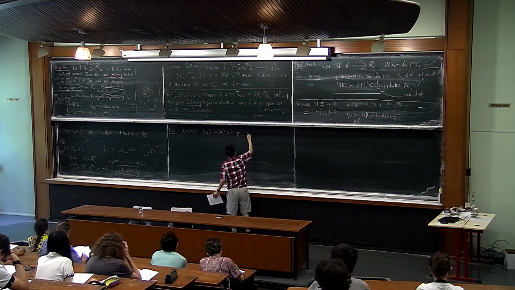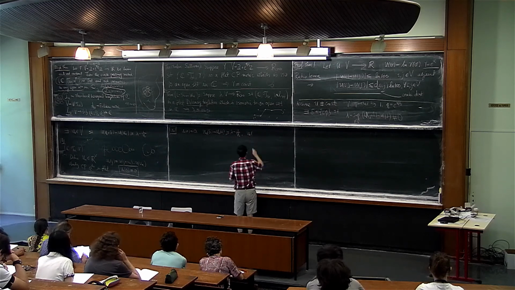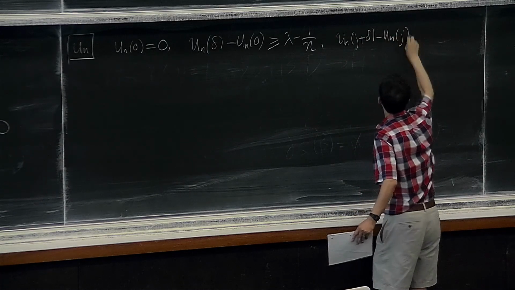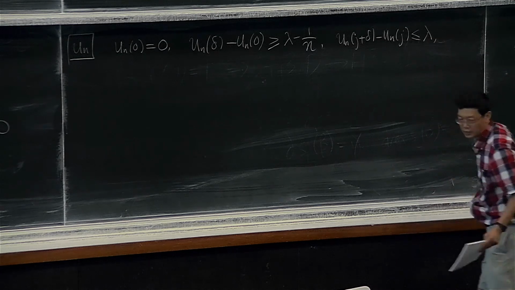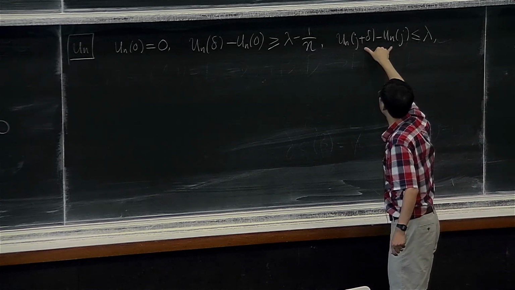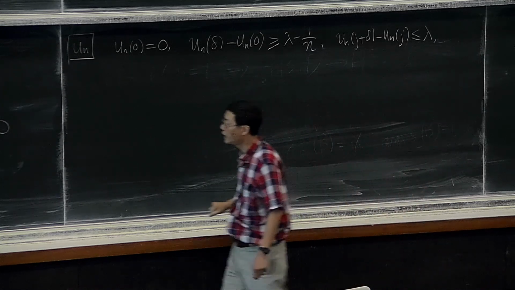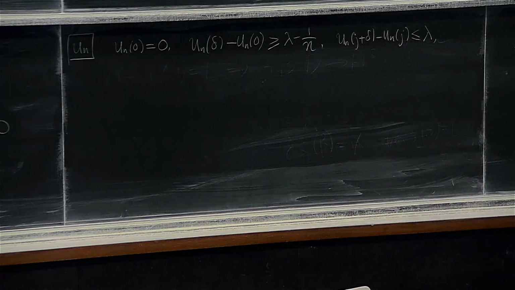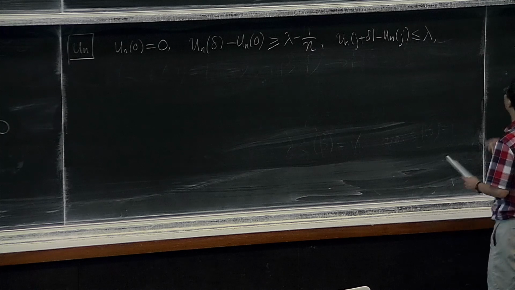And un j plus delta minus un j is at most lambda. That's again the definition. So the ratio of adjacent radii is at most lambda because I choose lambda to be the supremum value.